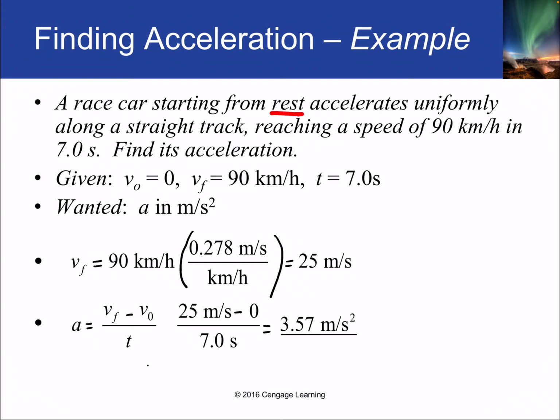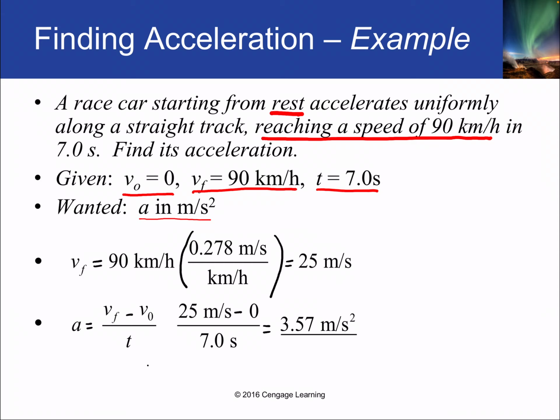Well, if our car is starting from rest, that initial has to be 0. It reaches a speed of 90 kilometers per hour, so that's got to be our final, and it does so in 7 seconds.